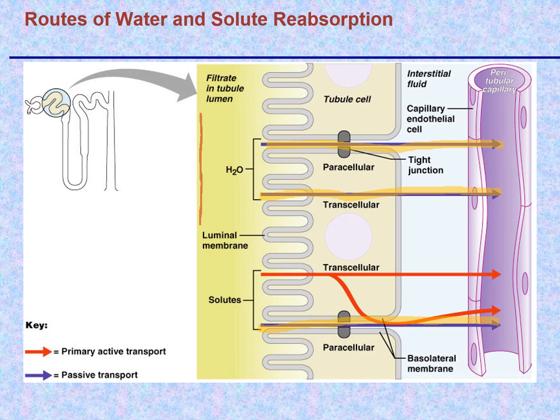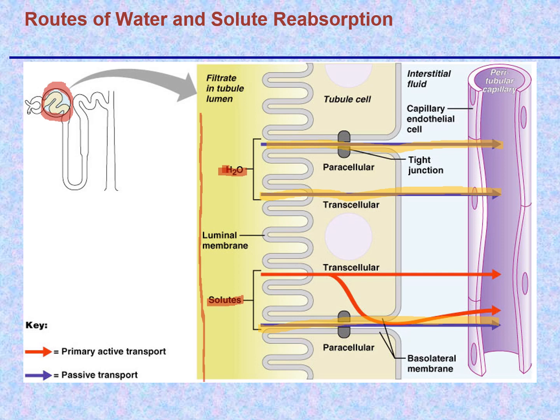On the left-hand side of this diagram is the space of the tubule, and I want to remind you that we're looking at the proximal convoluted tubule. Here you get a lot of reabsorption occurring, and the key things that are reabsorbed are water and solutes like electrolytes, and it can be between the cells or through the cells, paracellular or transcellular.